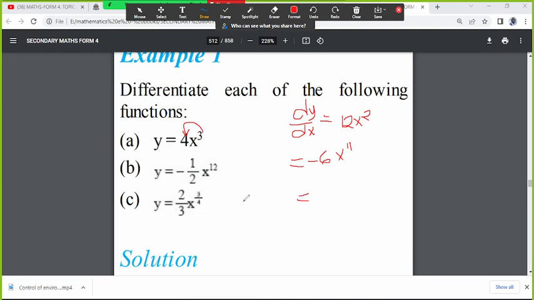This one will be equal to, we multiply this one here, 2 over 3 times 3 over 4 x to the power 3 over 4 minus 1, and this gives us 1 over 2. It's just a simple process. x to the power 3/4 minus 1, it is negative 1 over 4.